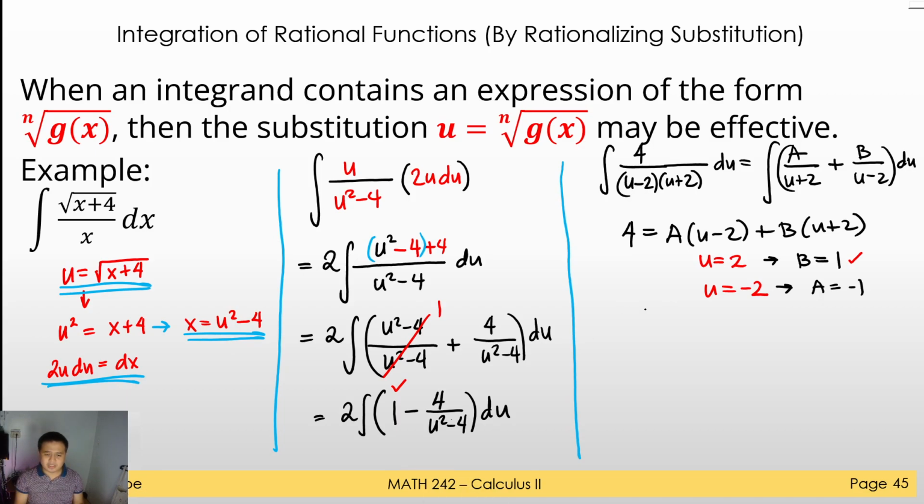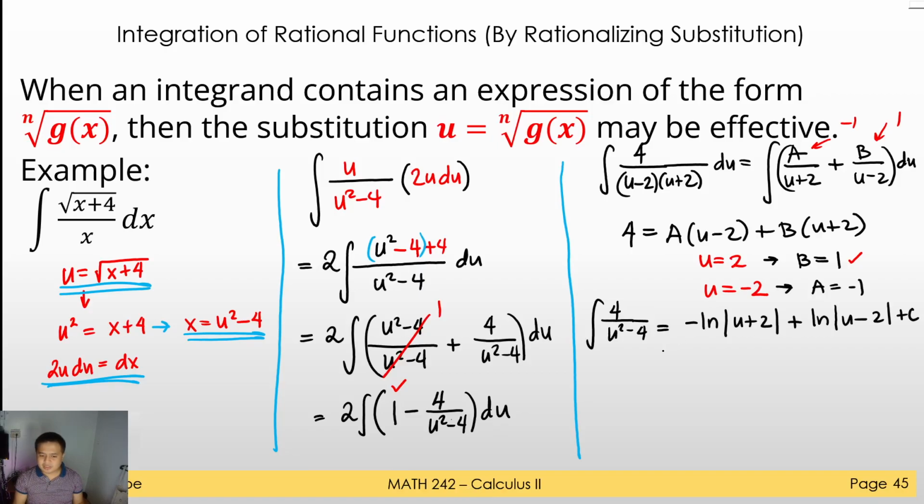So therefore, the integral of 4 over u squared minus 4 is equal to negative ln of u plus 2, plus ln of u minus 2.